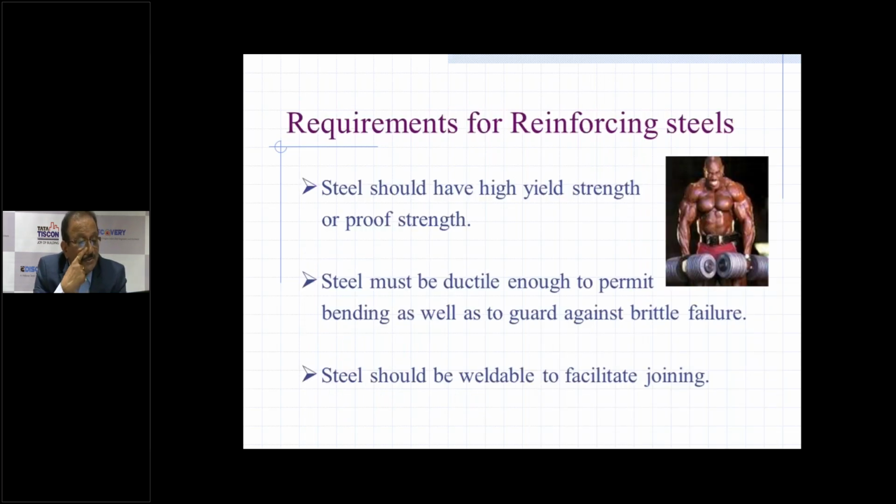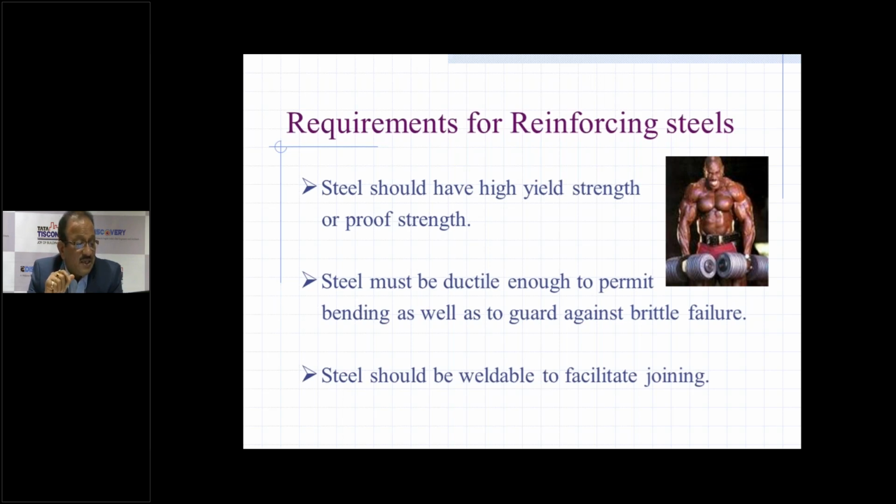What are the requirements for reinforcement steel? Number one, steel should have high yield strength or proof strength. Number two, steel must be ductile enough to permit bending as well as to guard against brittle failure. We cannot accept brittle failure in steel.